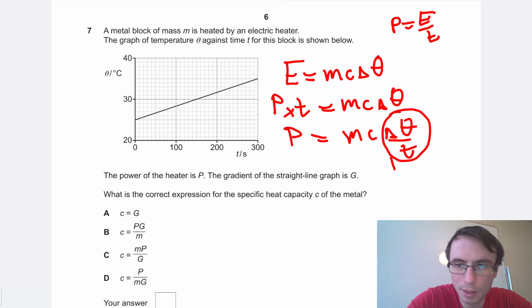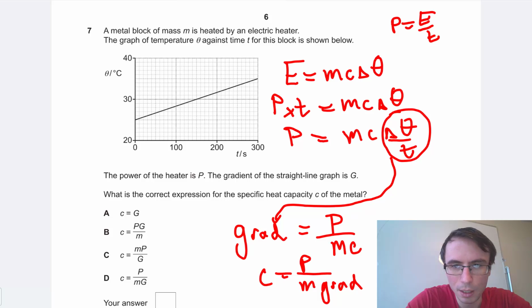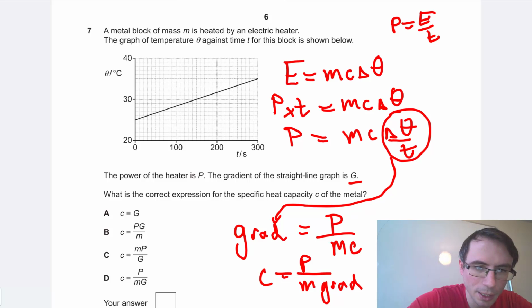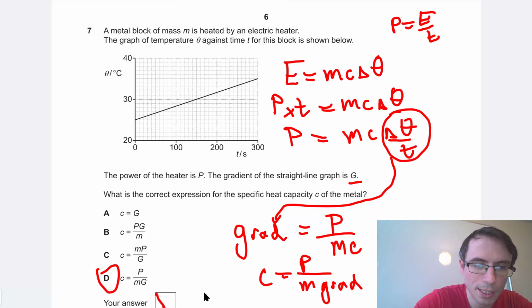So if this is my gradient, I'm going to call that grad, which is going to be equal to the power divided by mc, where c is the specific heat capacity. Oh wait, hang on, we're trying to rearrange for the specific heat capacity, not for the gradient. So c will be the power divided by m times grad. They've just called the gradient G, so the correct answer should be D, P over M times the gradient.